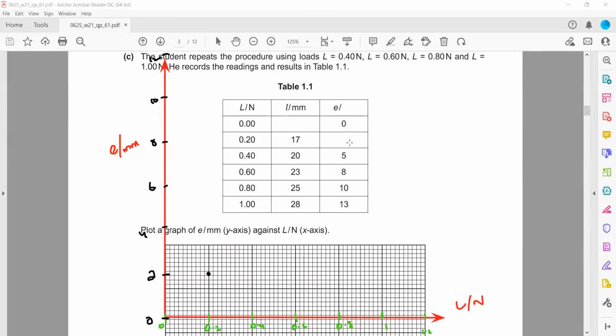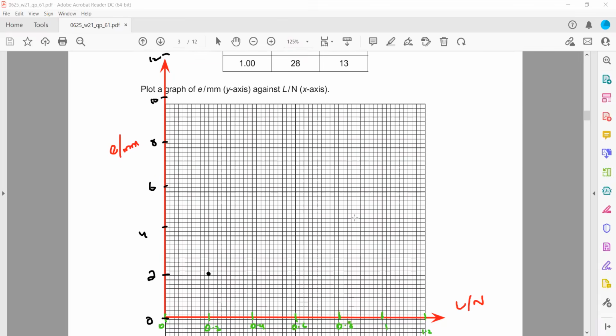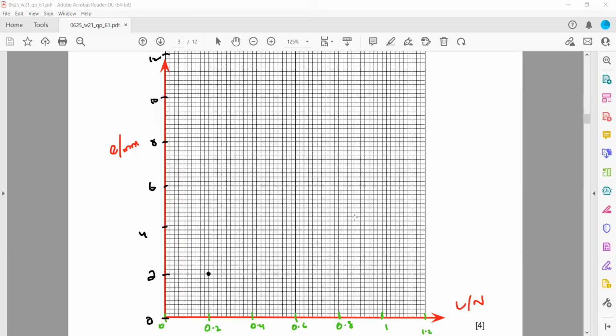The second point, when the load is 0.4, the extension is 5. So it is between 4 and 6.